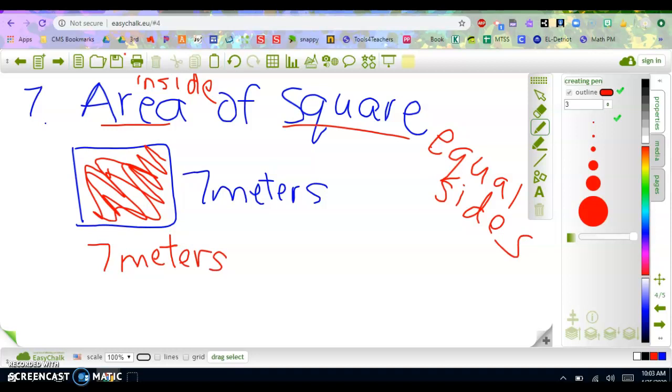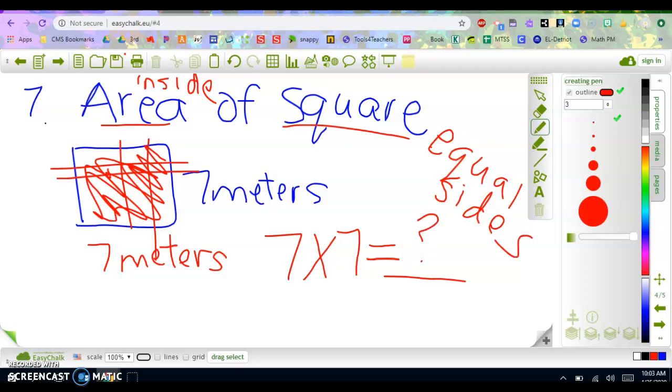So as I am working, I know my next step is to make an equation. It's just like using an array. It would be 7 going across, 7 going down, which means my equation is 7 times 7. So now I need to go through and write down my multiples of 7. So I have 7, 14, 21, that's 3 times. 28, that's 4 times.